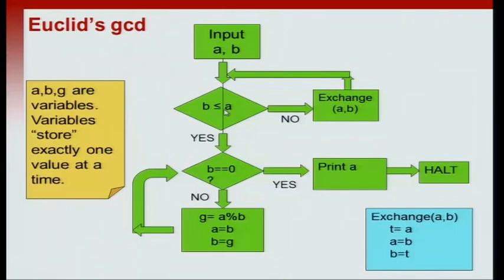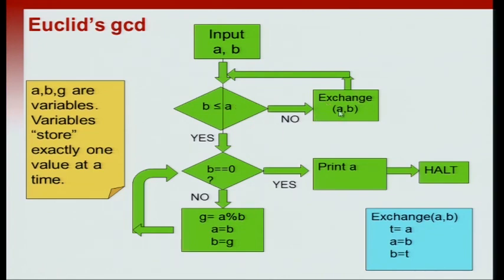The first thing to ensure is that a is the larger number. The reason we do that is that if a is the larger number, then the modulo operator is properly defined. So if a is the larger number, then we are fine and can go into the GCD algorithm. If a is not the larger number, you merely swap a and b, so that whatever is the larger number, you call it a.